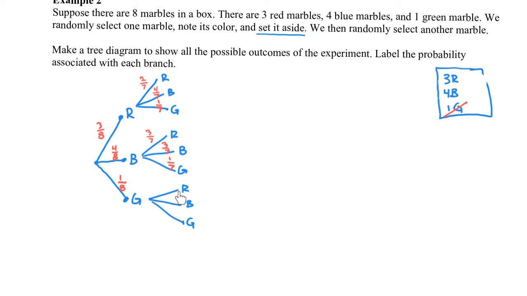So here, the probability we get a red marble is 3 out of 7. The probability we get a blue marble, well, that's going to be 4 out of 7. And what's the probability we get a green marble? 0, right? Or 0 out of 7? 0 out of 7. Here's where I should probably mention something that comes up sometimes.